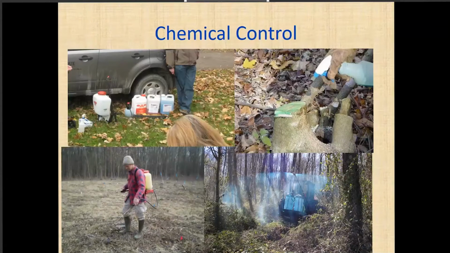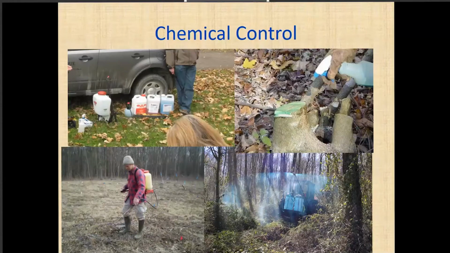So our next control technique is chemical control. And this is just as the name implies, we're using a variety of different registered pesticides to control plants on the landscape. And that control could either be a targeted control. And so on the upper right-hand picture, we've got a spray bottle squirting a cut stump. Lower left-hand picture, we've got a backpack sprayer spraying a defined plant or area.